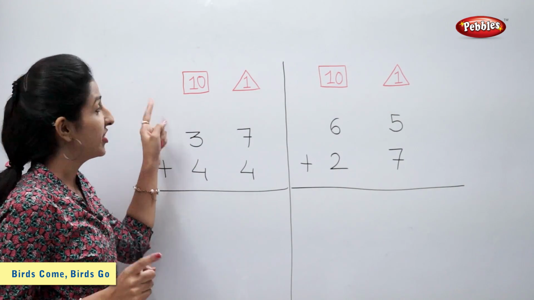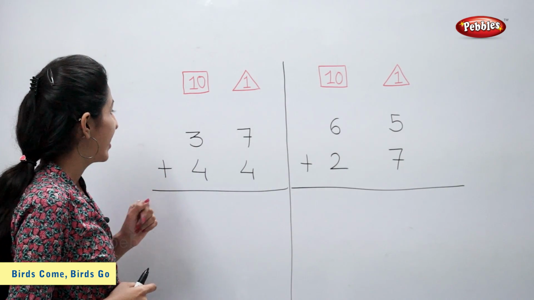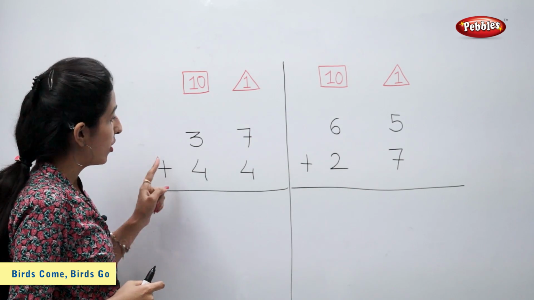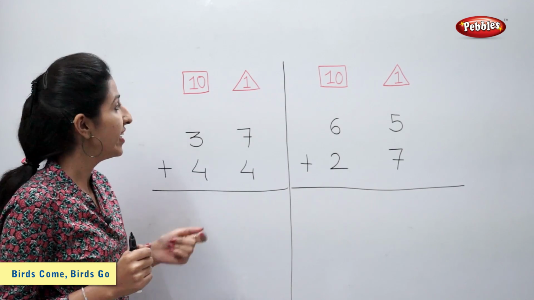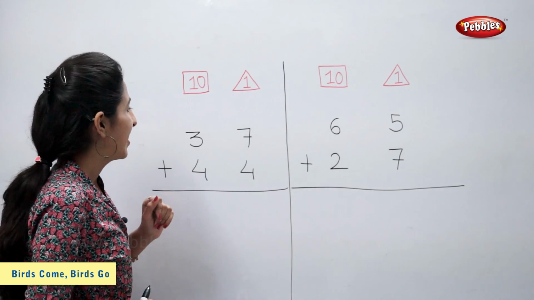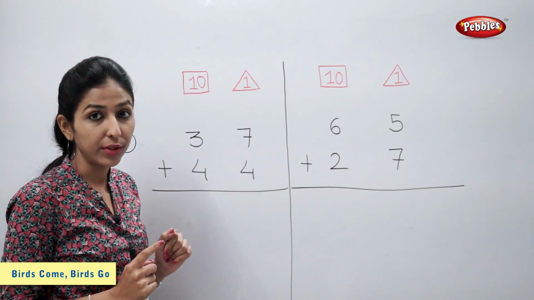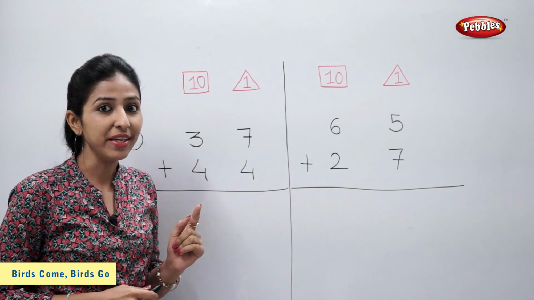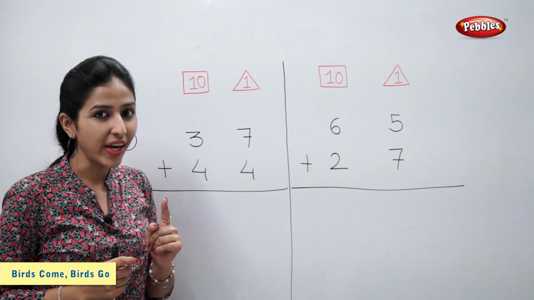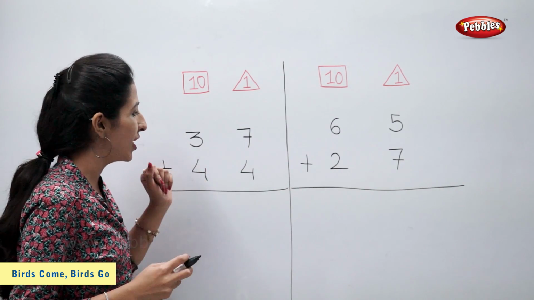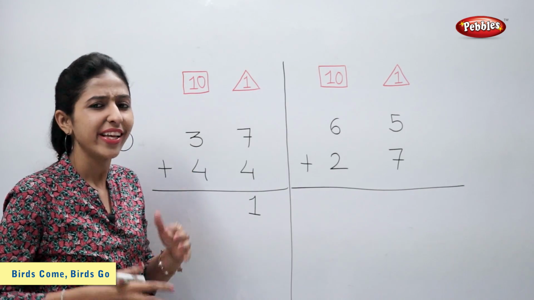Square represents tens and triangle represents 1. 37 plus 44 is equal to how much? Let's add ones first. 7 plus 4 is equal to 11. Now 11 means 1 tens and 1 ones. So let's write 1 in the ones column. Now 1 tens carry forward.